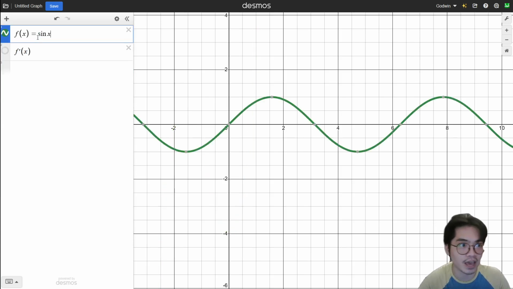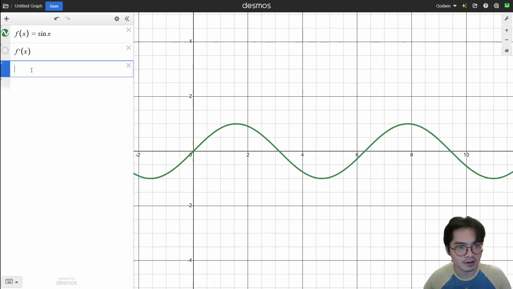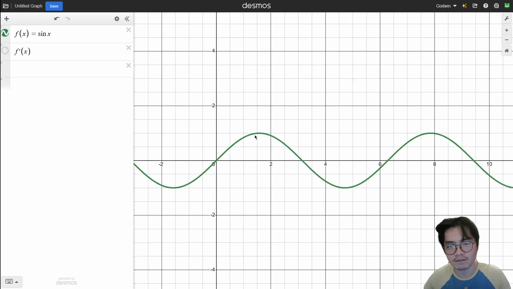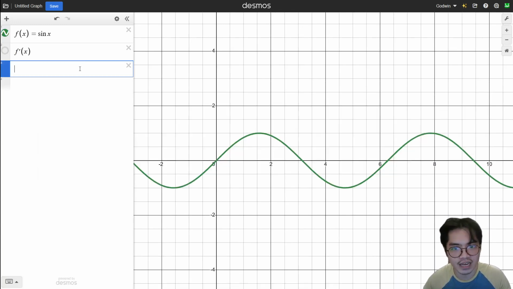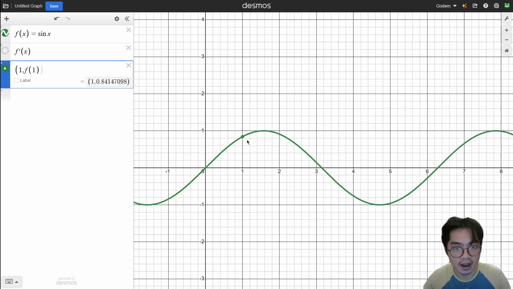Say, for example, we have sine of x. If you trace tangent lines for sine of x, it will just oscillate. Let's say we have 1, and then sine of 1.